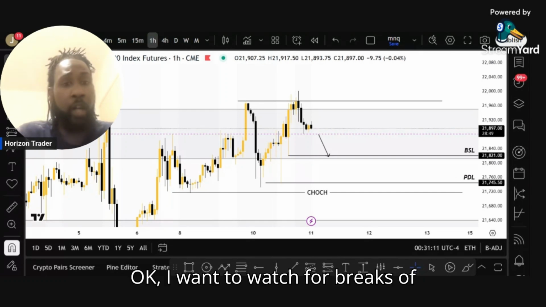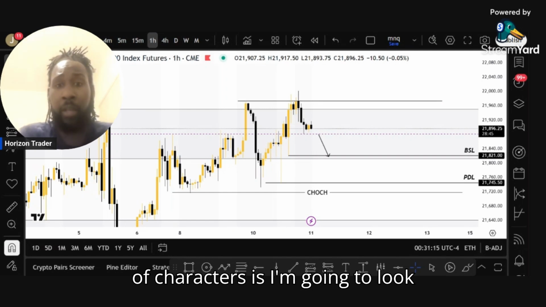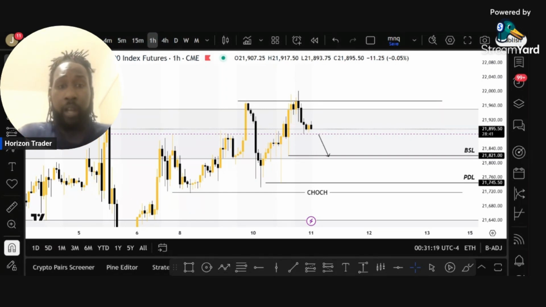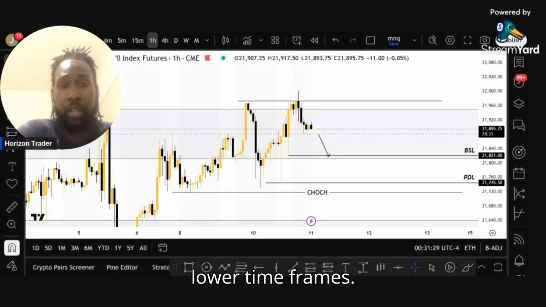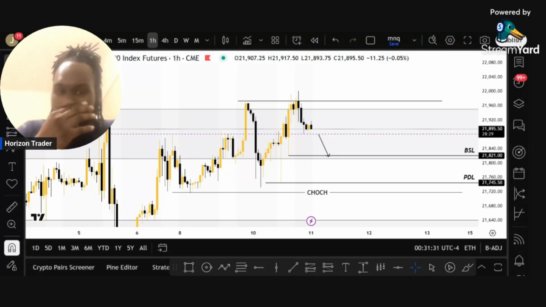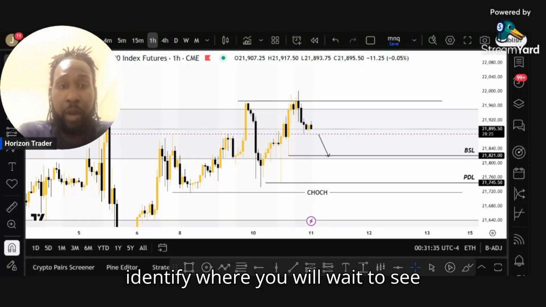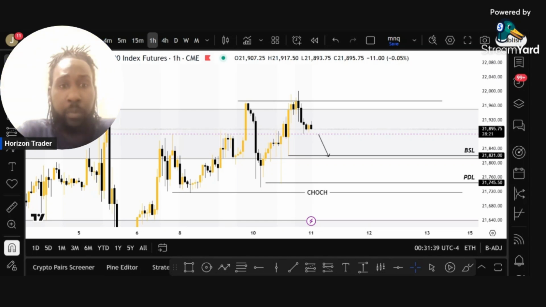Okay. I want to watch for breaks of structure. I want to watch for changes of character. I want to look for whether structure is respecting my narrative. So we'll identify where we will wait to see engineered entry on lower time frames.